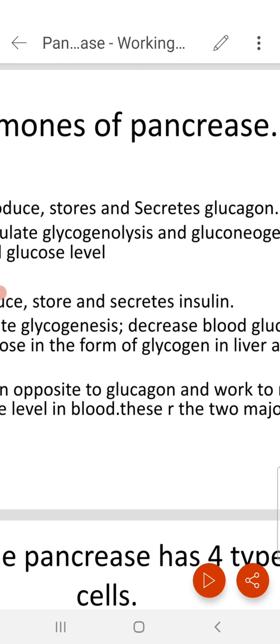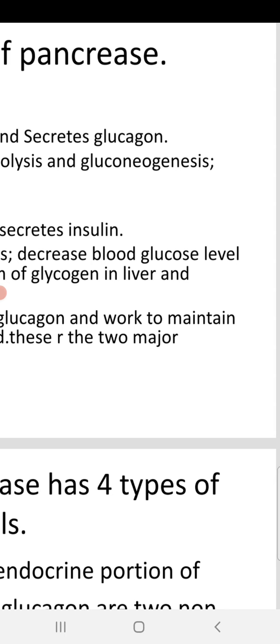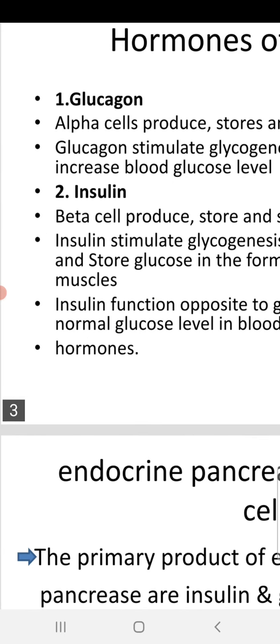And gluconeogenesis is the production of glucose newly. So by both the processes, the blood sugar level is maintained, or it increases in the blood when it is needed.